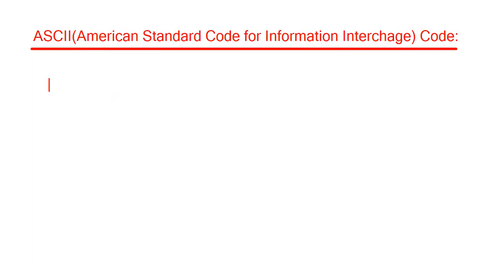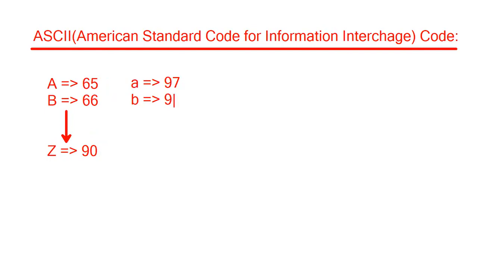Here, capital A is 65, capital B is 66, like that up to capital Z, 90. Small a is 97, small b is 98, small z is 122.